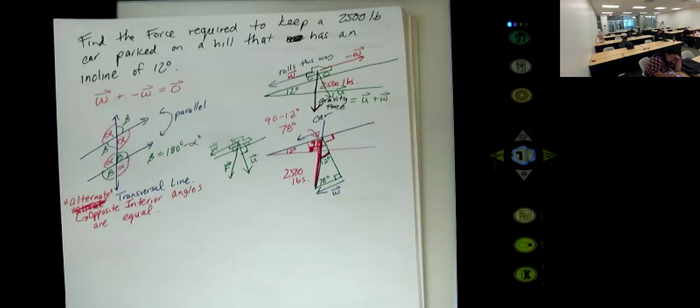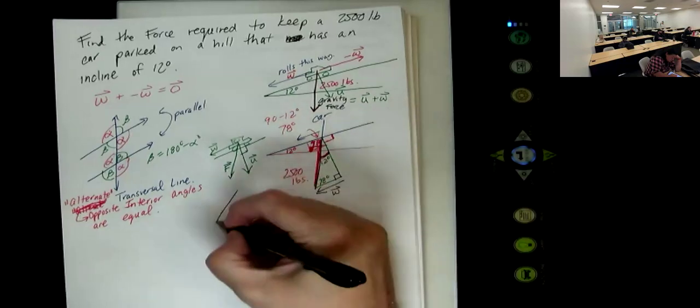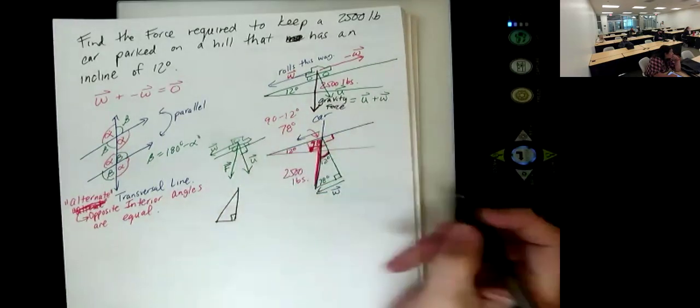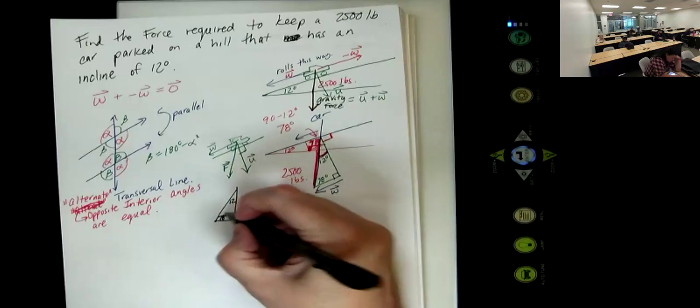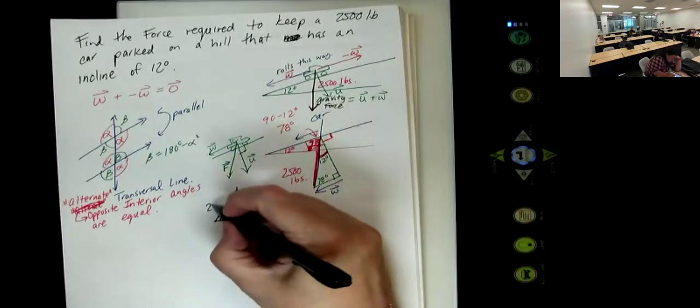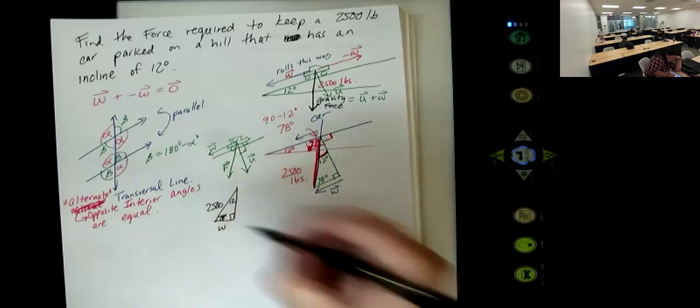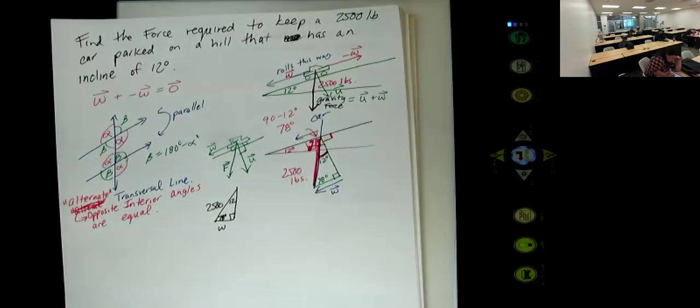I've got our triangle, getting rid of all the fancy stuff. That's 12 degrees, that's 78 degrees. This is 2,500, and that's W. Just making it a triangle where it's easier to look at. How do I find W?